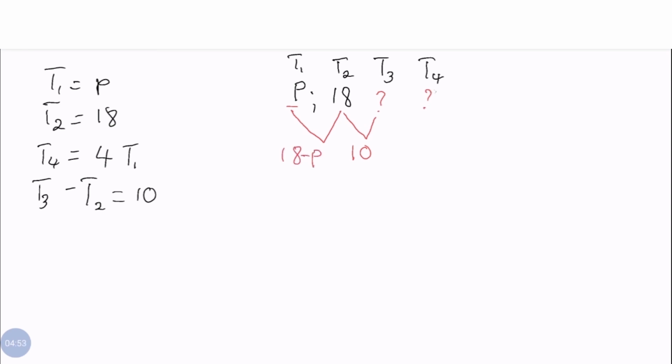By the way, let us go back to what we were given. We were given that T4 is equal to 4 multiplied by T1, and T1 is actually P. So that means T4 is known in a way, which is 4P, because it is 4T1, which means our T4 is actually 4P.